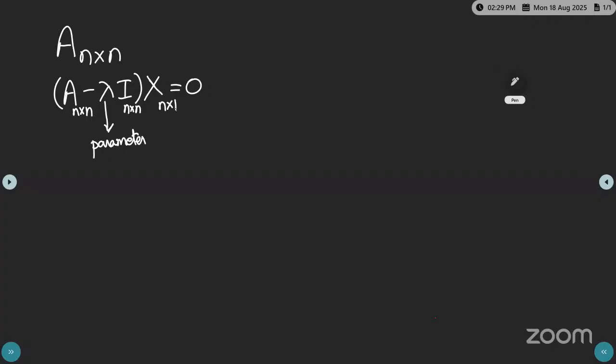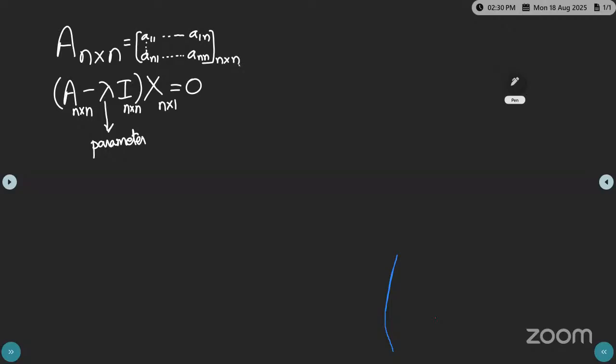Okay. This is a system of homogeneous linear equations. So it will be of the form: a11 and so on, a1n, and so on, an1 and so on, ann, of order n by n.